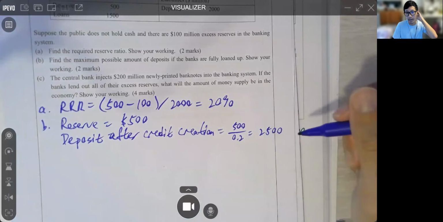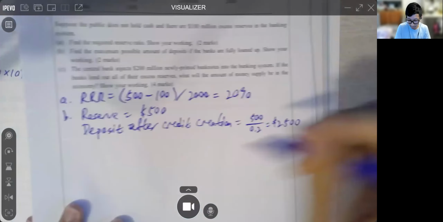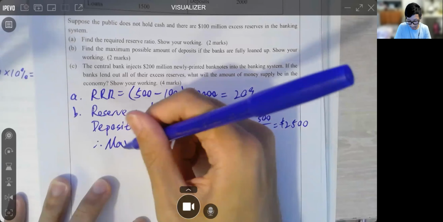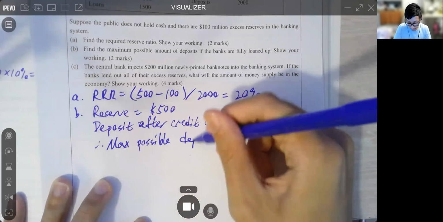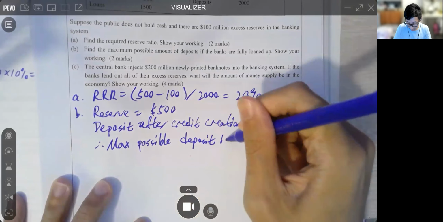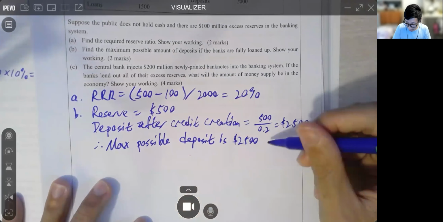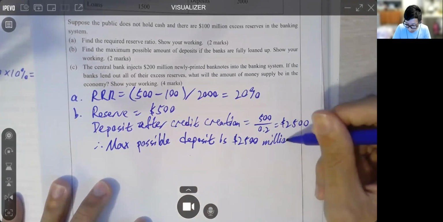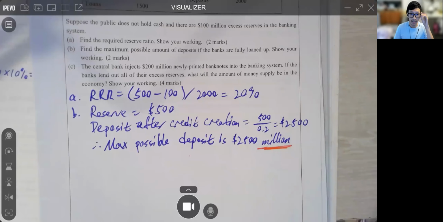Therefore, the max possible deposit is 2500. Don't forget to write the unit, million. Don't leave out the unit, you'll lose marks. Million.